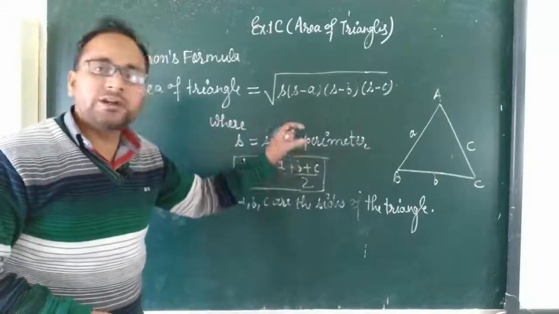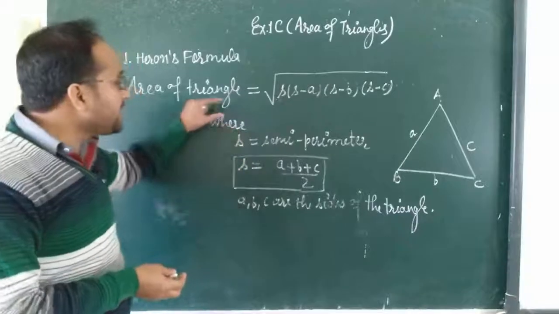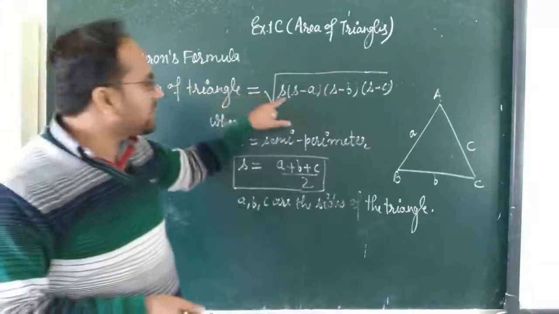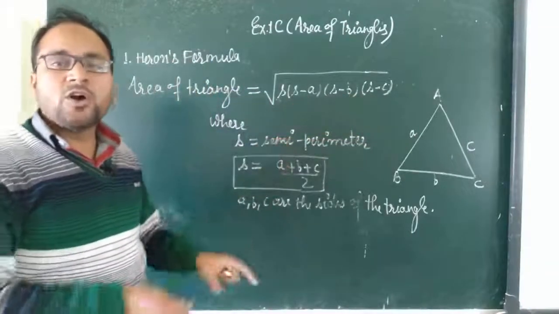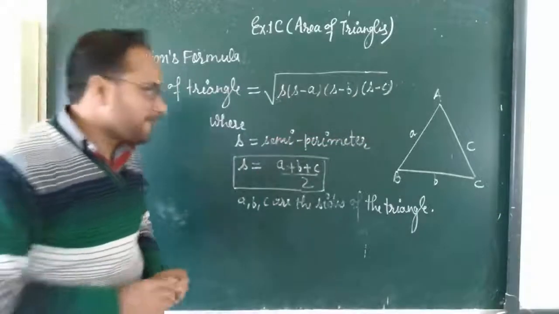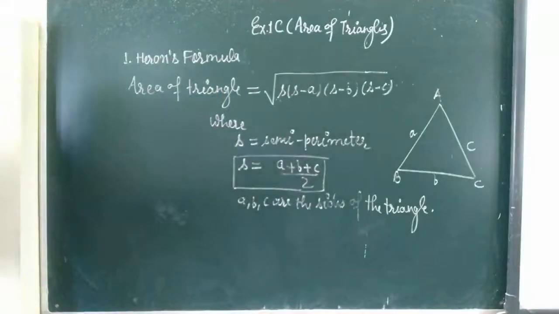Whatever the perimeter, you can divide by 2, or you can add all the sides and divide by 2, you will get that s. So this formula, area of a triangle, under root s into s minus a, s minus b, s minus c, you can use when all the sides are different, students, for a scalene triangle.